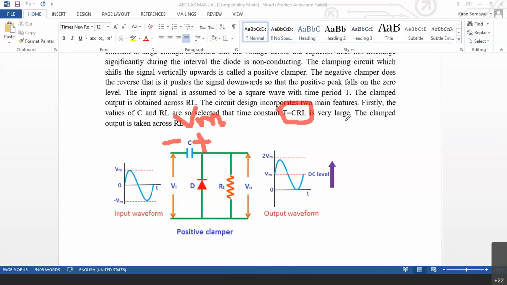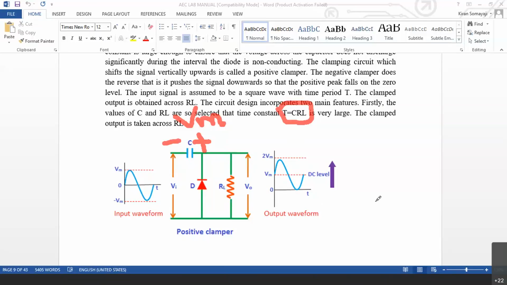It has to be RL, R suffix L. This C into RL, basically we call it tau, the time constant. If the time constant is much larger and the frequency of the waveform is much higher, before the capacitor discharges, the next negative cycle comes, right? You would have seen the waves in the sea. Before the previous wave goes back from the shore, the next wave will be coming there, right?